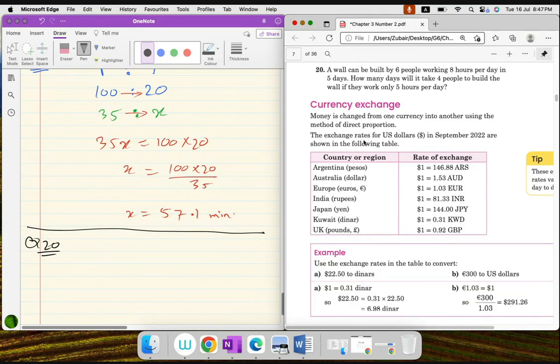On the other side, it says convert euros to US dollars. So $1 and euros is already given. This would not always be one. They might tell you that $1.2 is equal to 3.67 or something else. So we just use the simple unitary method.